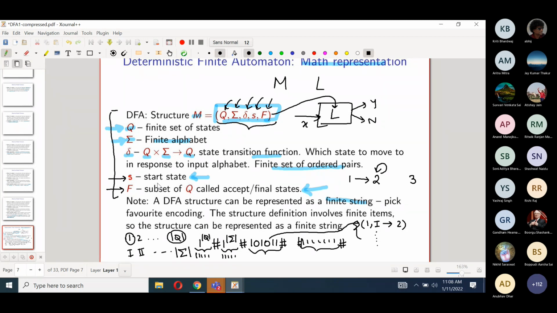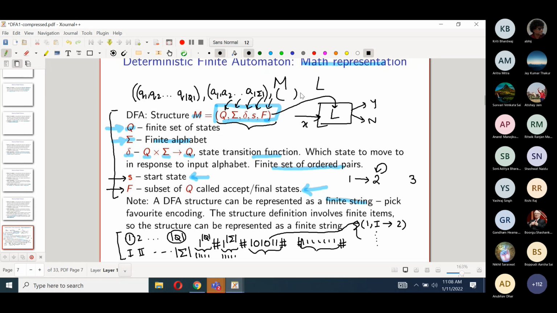What exactly are we trying to encode in this last one? This one? I just made this statement, right? That if you look at this particular structure, you can think of it as a finite string. Just in the English language, you can say Q is, let's say, Q1, Q2, up to Q size of Q, and then sigma is A1, A2, up to A size of sigma.